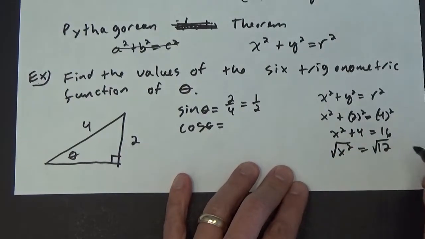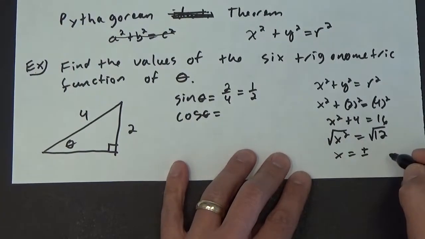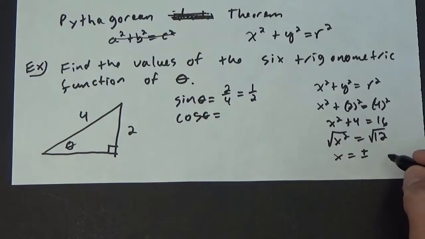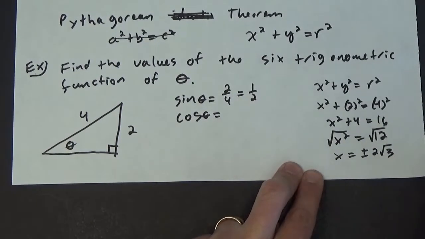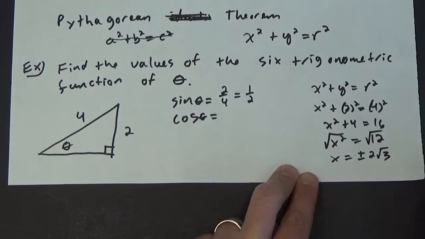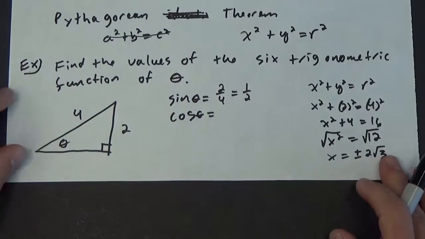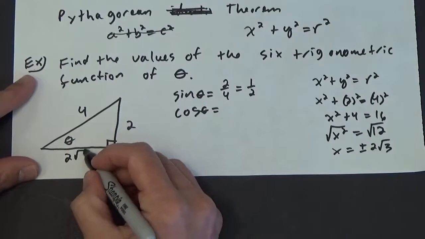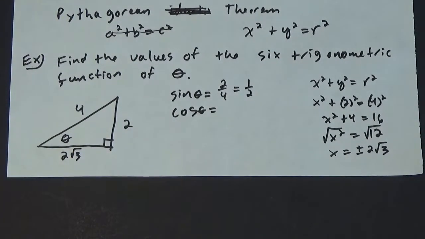And when we take the square root of both sides, x equals plus or minus, in this case it's 2 times the square root of 3. Now we do have to figure out if we use plus or minus. For right now, until we get further on in trigonometry, we'll just assume that we're going to use the plus. But there will be times later on when we do have to use the negative.